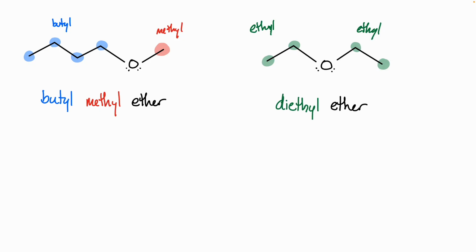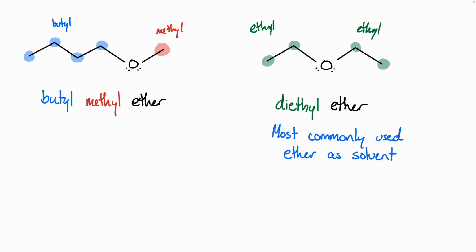All right, and this one here is actually quite special. In fact, if you encounter any ether in your lab, I can almost guarantee you it would be diethyl ether. This is a very commonly used ether used as a solvent.